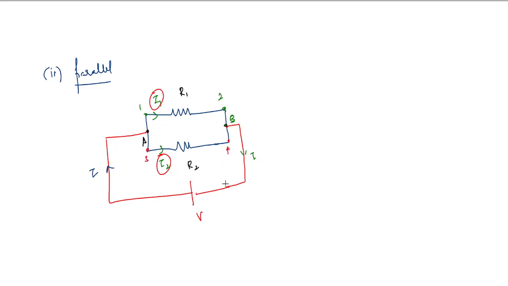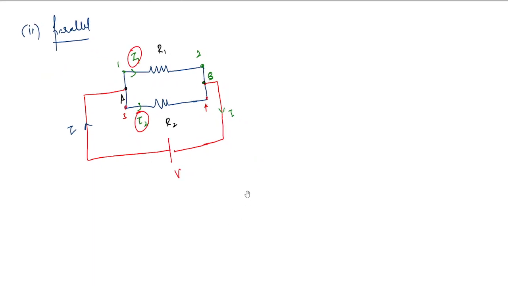So the drop across points 1 and 2 will be the same across points 3 and 4 also. So here voltage remains the same but the current divides. This combination is called parallel combination. Again, you can think of examples of two pipes which are parallel. When the pipes are parallel, the water will break into two parts.